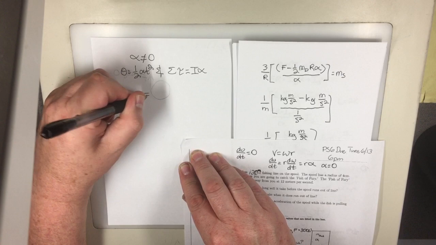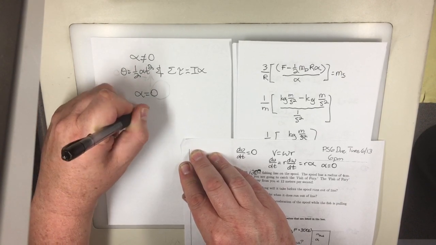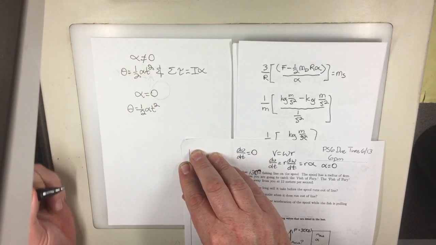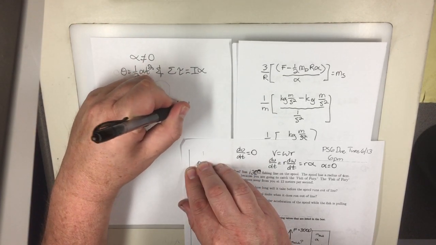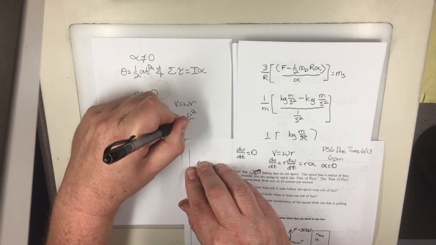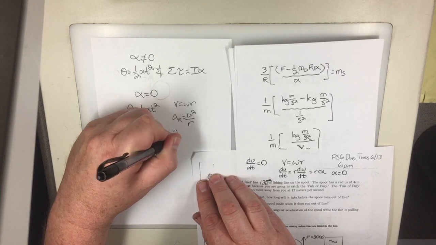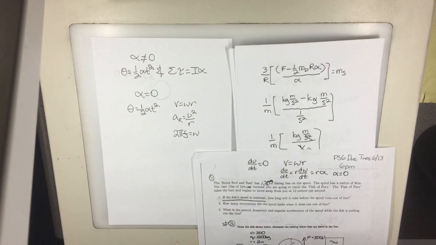If alpha is 0, you still attack it with that. But then there are a whole bunch of other weapons that you have to deal with. V is omega r, a_c is V squared over R, 2 pi f is omega.